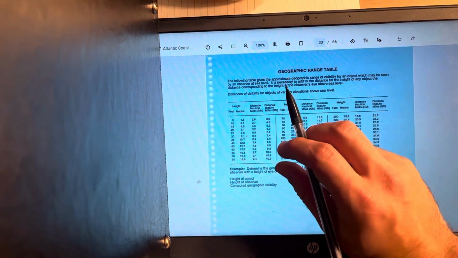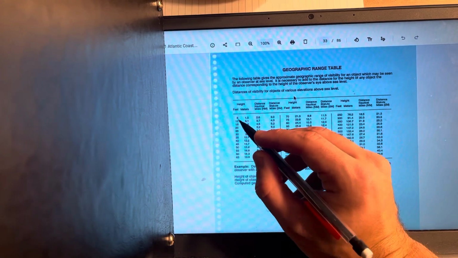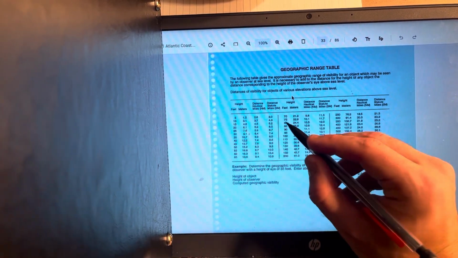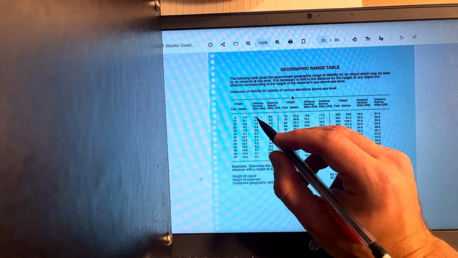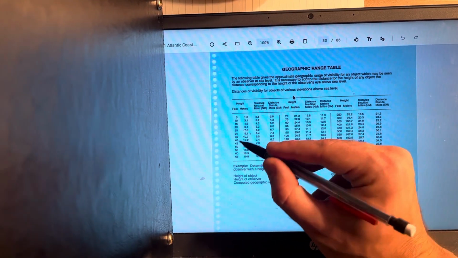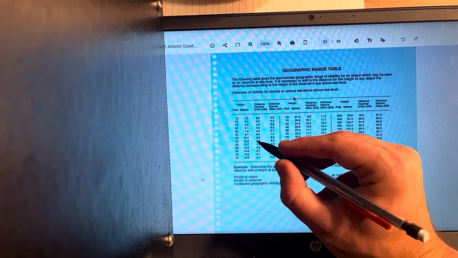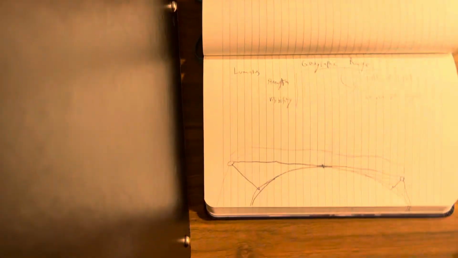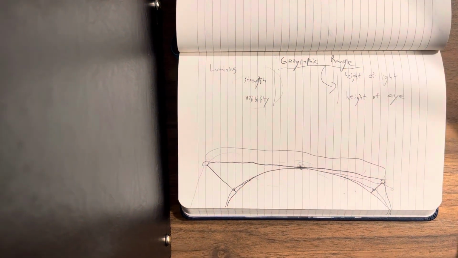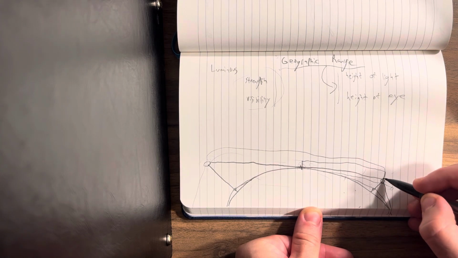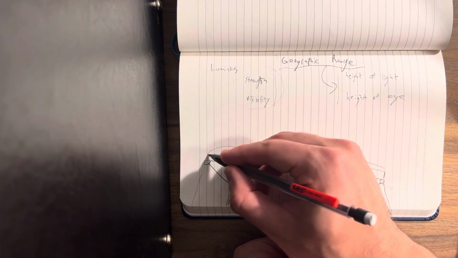If we're talking skyscrapers. So you can see here, any object with a height of eye of 5 feet has a geographic range of 2.6 miles. Something with 40 feet has a corresponding range of 7.4 miles. But it's important to understand that we're only talking about this or this.